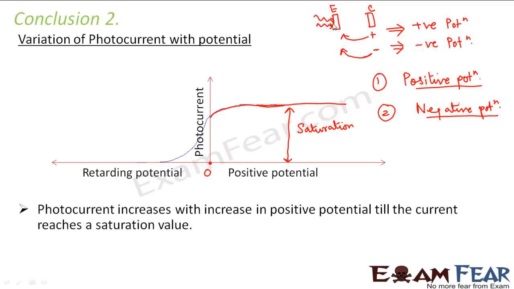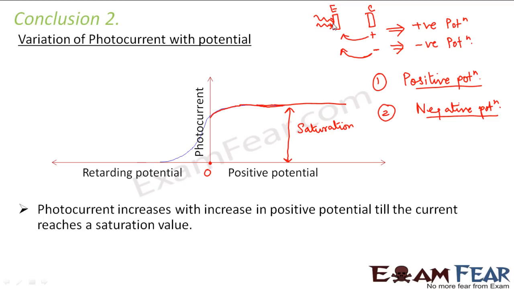That means earlier all the electrons emitted by the emitter were moving towards the collector, right? Now many of the electrons will get repelled by the collector because the collector is at a lower potential. But some of the electrons which have maximum energy, maximum velocity, will still be able to reach the collector.